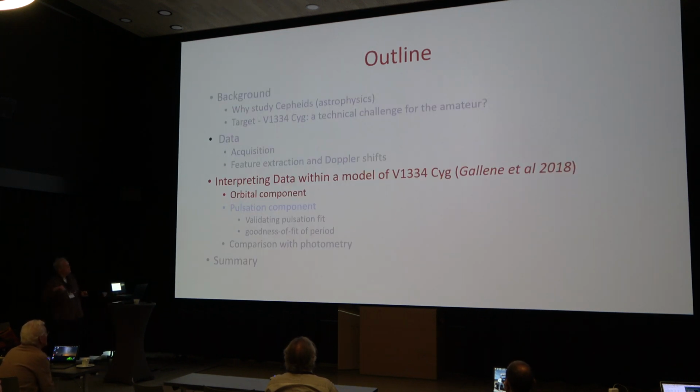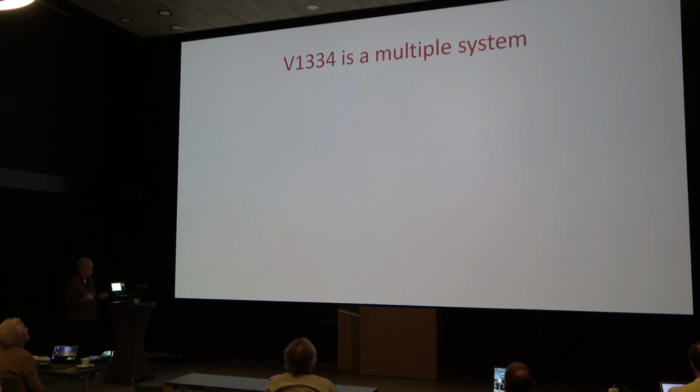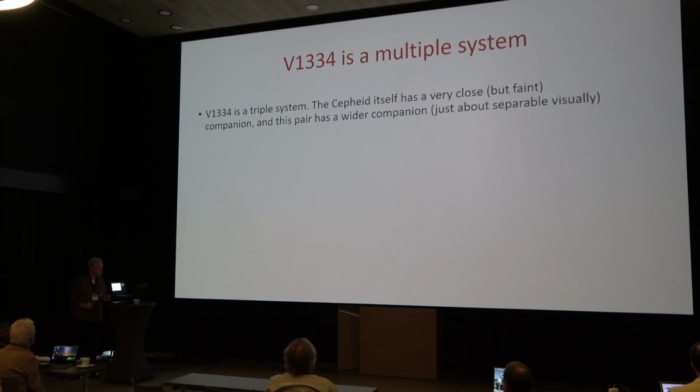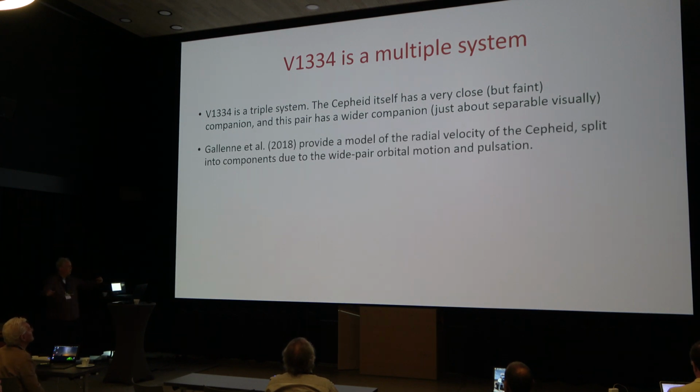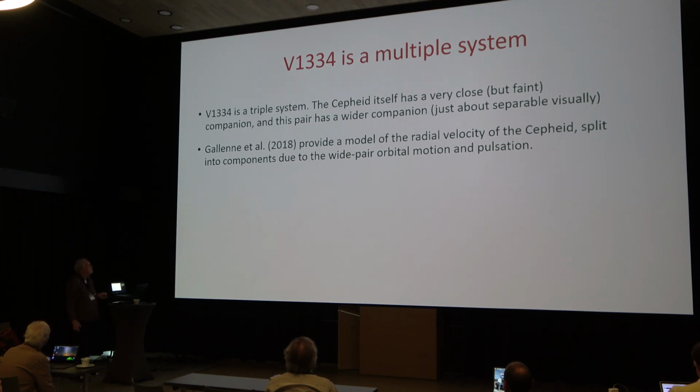So this is where I went to that publication and tried to use what they had provided to make sense of my data. So the thing is that V1334 Cyg is a multiple system. It's a triple system actually. The Cepheid itself has a very close but faint companion, and this pair is in orbit with a much wider, more widely separated companion.